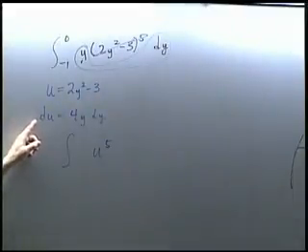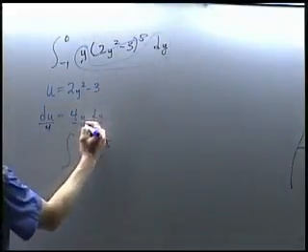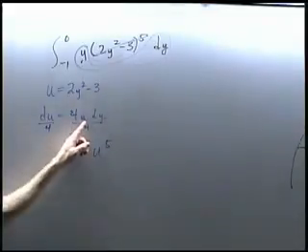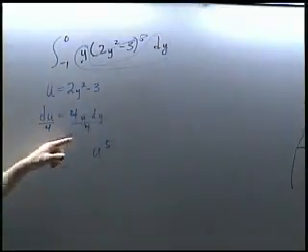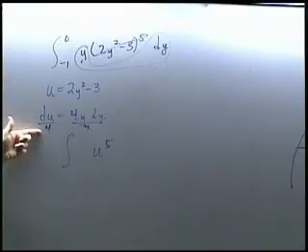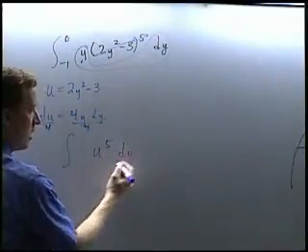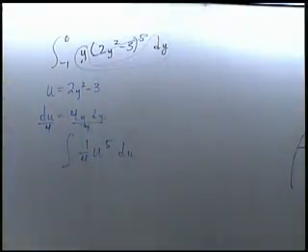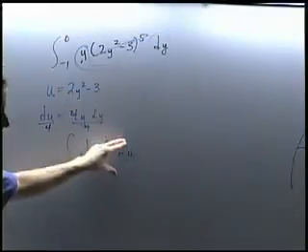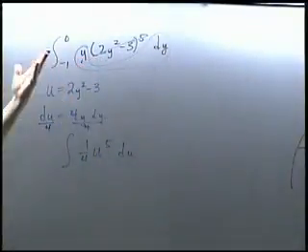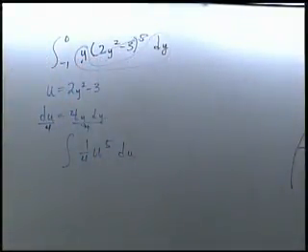Divide off the 4. If I divide both sides by 4, now I've got y dy is exactly the same thing as du divided by 4. So I can put my du over here, and somewhere I can put a division by 4. I can write it as a fraction, 1/4. And does this antiderivative look more manageable than the first one? I hope the answer is yes, because it really is.